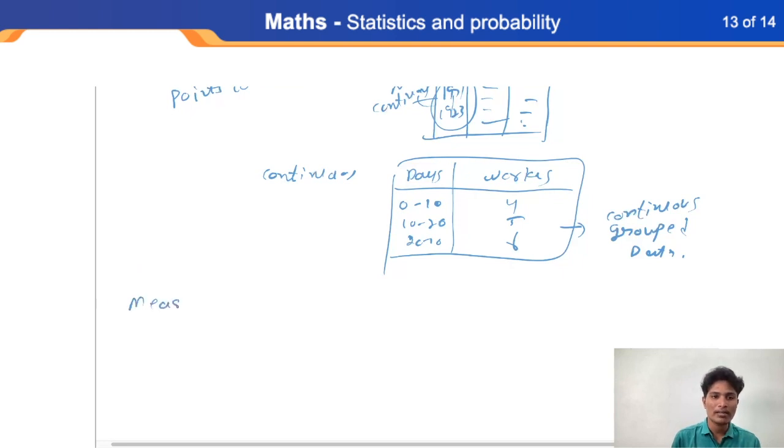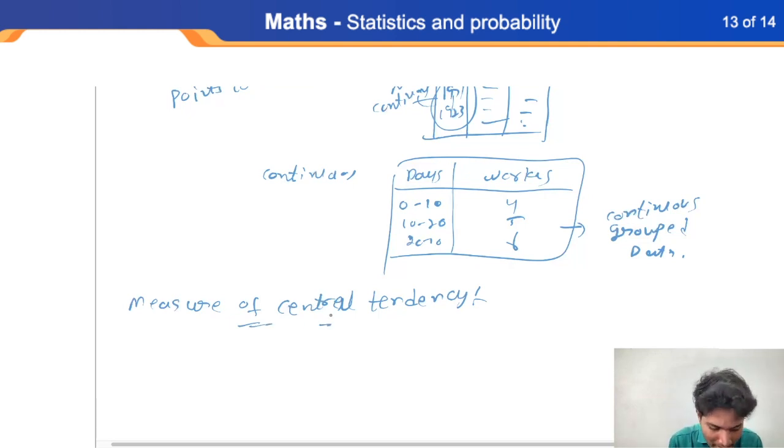Now you have to understand what is a measure of central tendency. What is meant by measure of central tendency? The book's definition is that to find more insights of data, we use three measures of data. Up to now we have grouped the data or not grouped the data, anything.